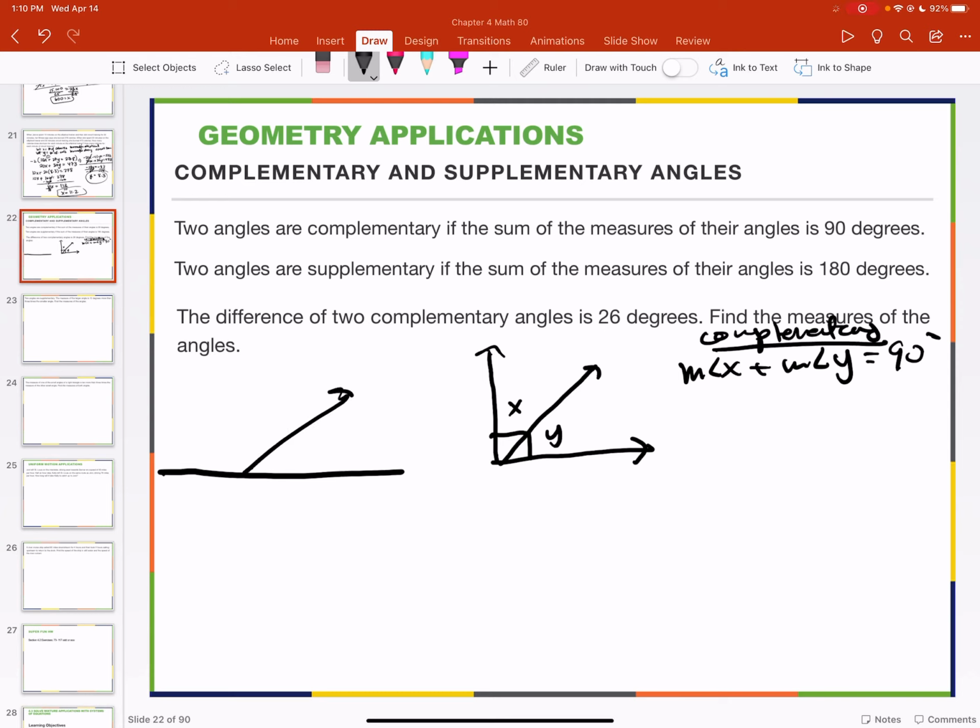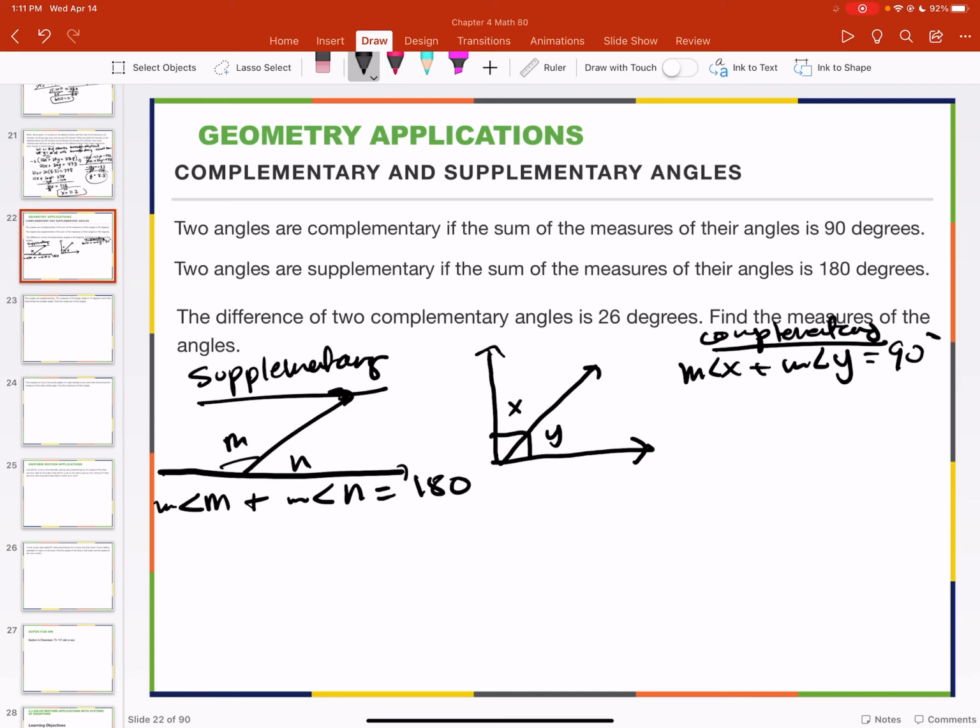If we have two angles where their measures add up to 180, so the measure of angle m plus the measure of angle n is equal to 180, we call that supplementary angles. Okay. All right, so let's do a problem using this terminology.